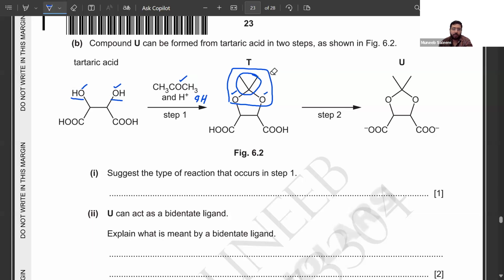But here we have only 6 hydrogen atoms, 3 plus 3, 6, which means the hydrogen atoms are fewer here. That indicates that hydrogen atoms and oxygen are removed. That means that water must have been removed from here. So that indicates the type of the reaction is a dehydration reaction, or you can also write it as an elimination reaction.